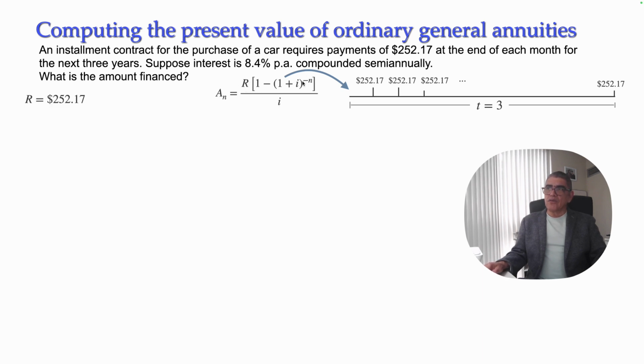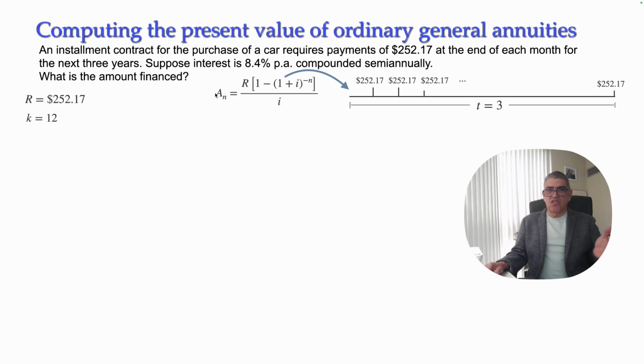Another thing that we need to put is the n, the number of payments. It's easy to find if we know k, because we are making this payment every month. So we know that k, the number of payments per year, is 12.